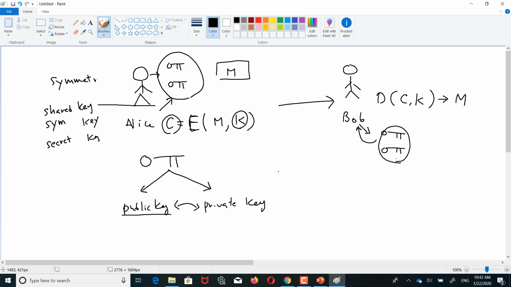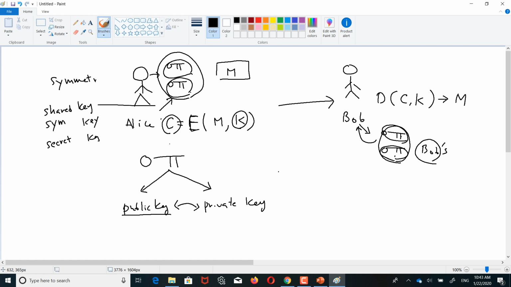And of course, this is Bob's private key, and this is Bob's public key. I mean the Alice public key and Alice private key. So you have to say that this key belongs to, for example, Alice, and this key pair belongs to Bob. Okay, so that's the idea.